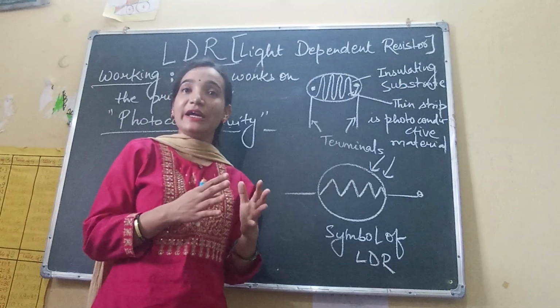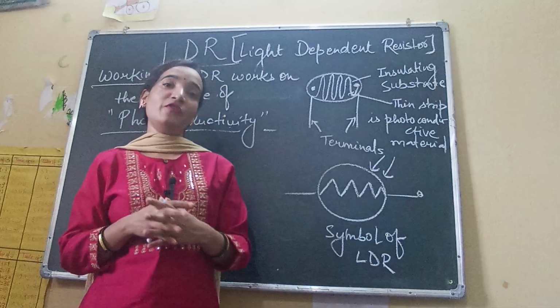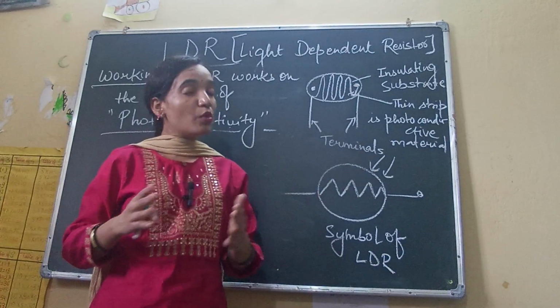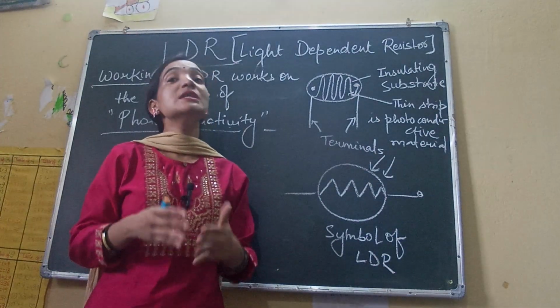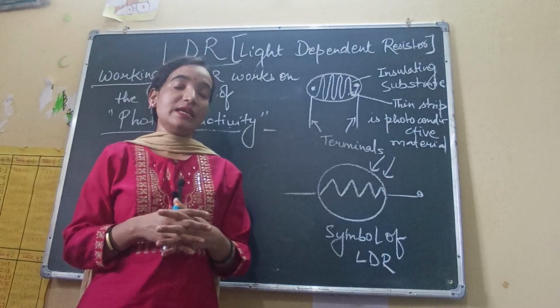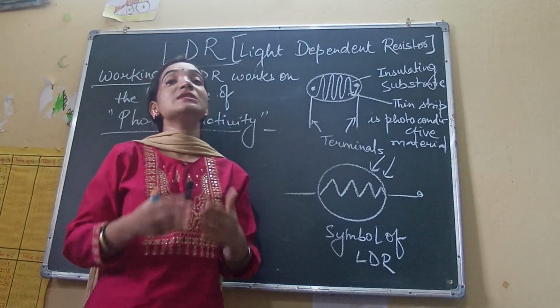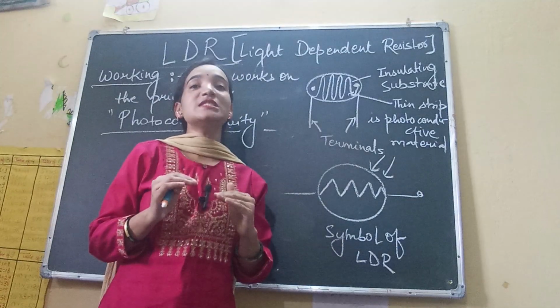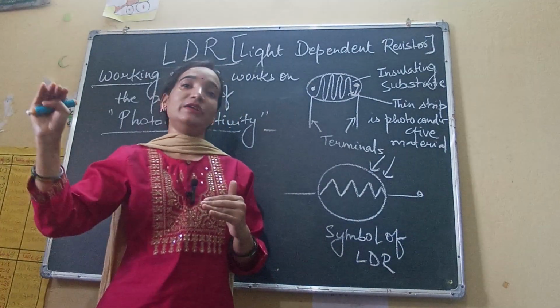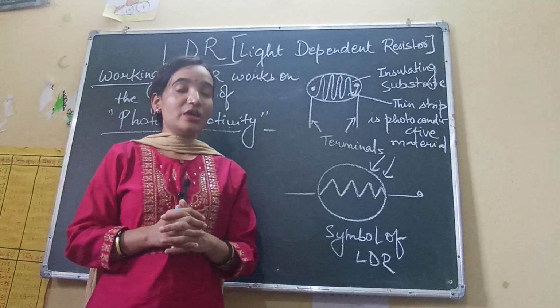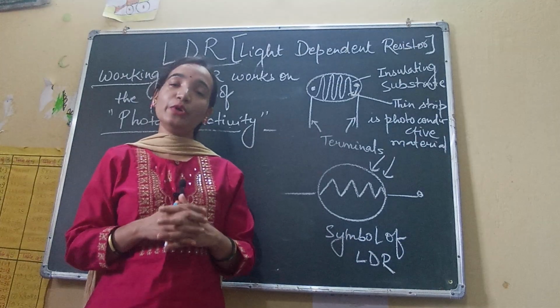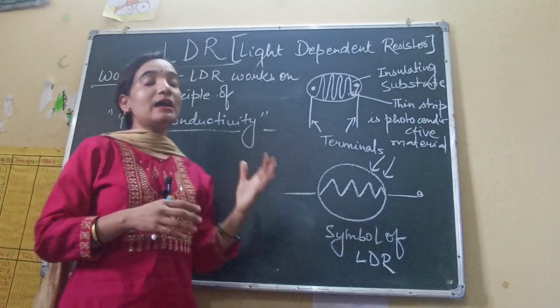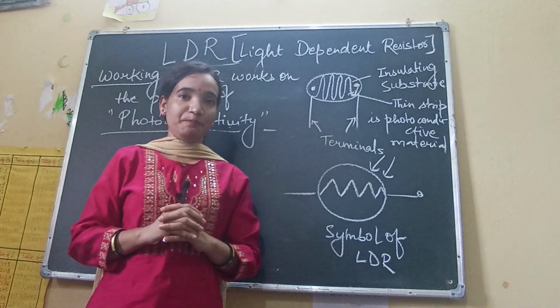Then there will be a larger number of carriers, which means the conductivity will increase. When the conductivity increases, the resistance gets less, and so more current will flow through the circuit. This is called photoconductivity, and our LDR works on this principle.